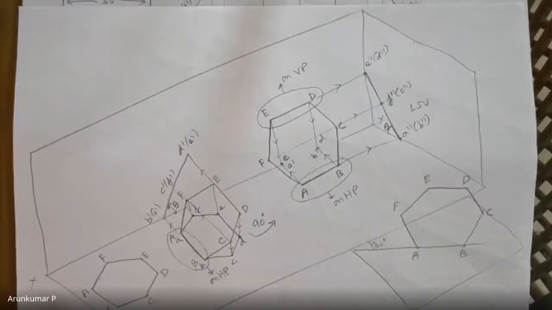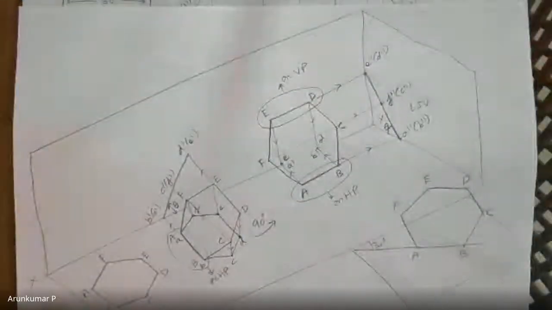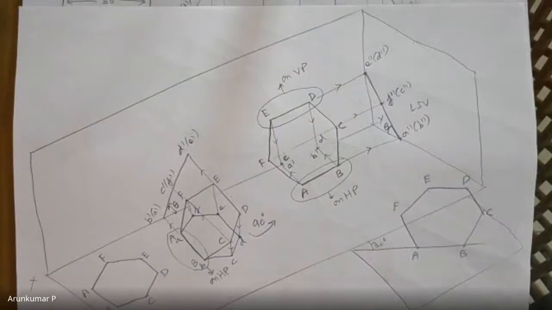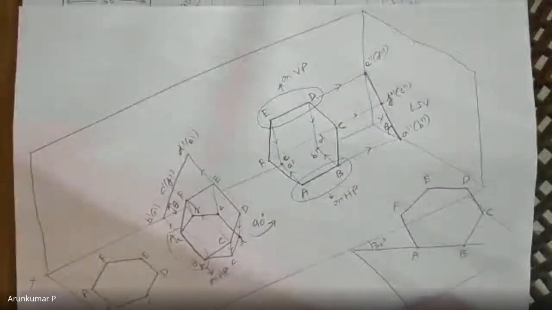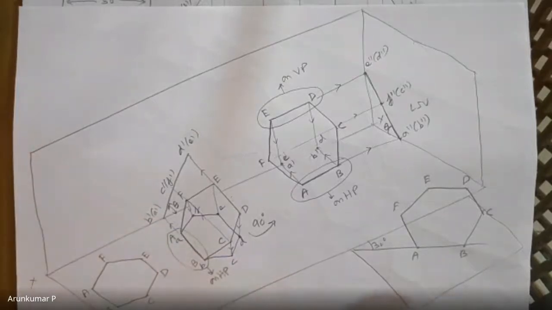Sir, each question carries how many marks, sir? Pattern. Actually, I'm not sure. Maybe tomorrow I can clarify. Generally, it will be like 15 marks. Three questions would be given, and you have to solve any two. I think generally a choice is given between points and lines.